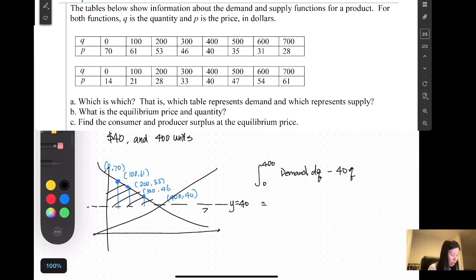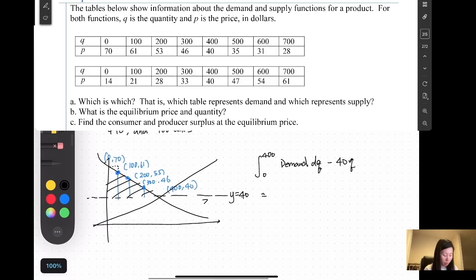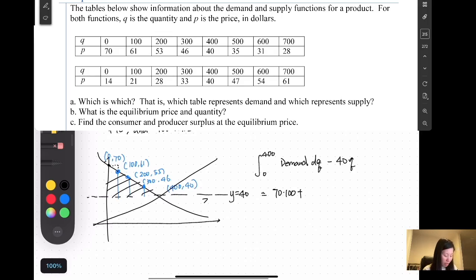Okay, so in here, the first block, if I use the left endpoint, the width of each block is going to be 100 times the height, which is 17. So it would be 17 times 100, plus the second block, which is 61 times 100.